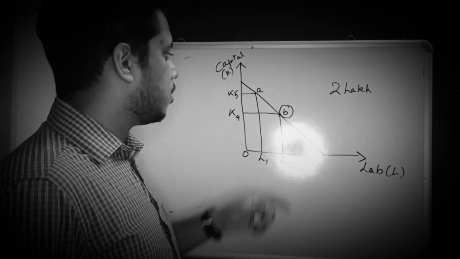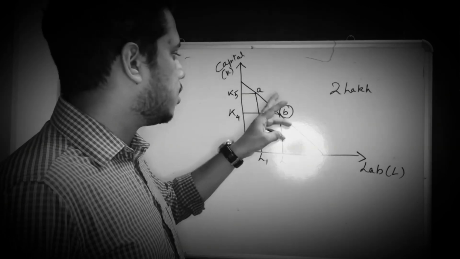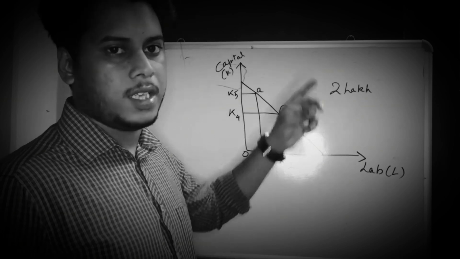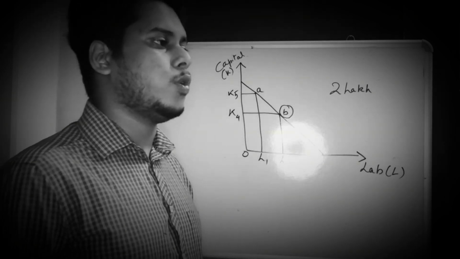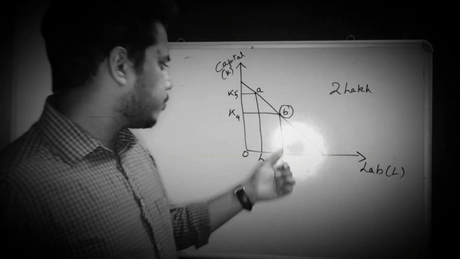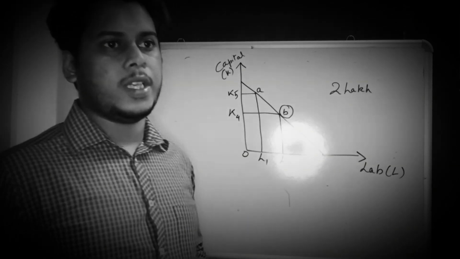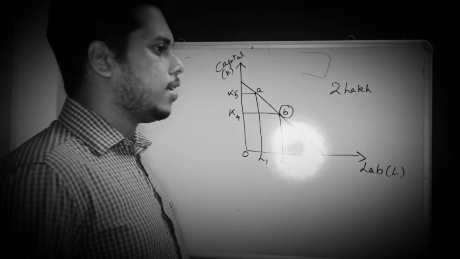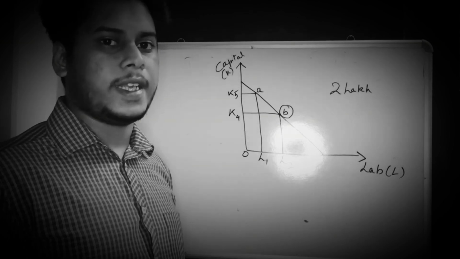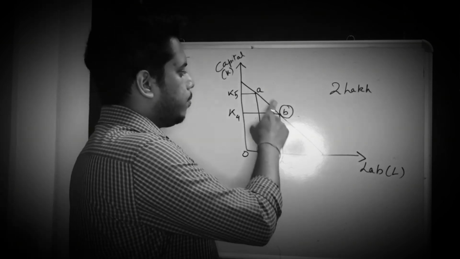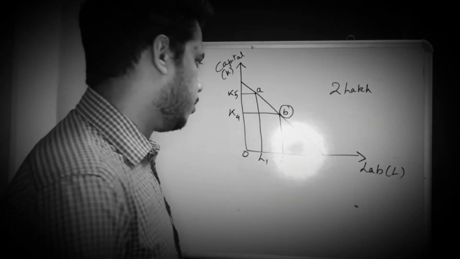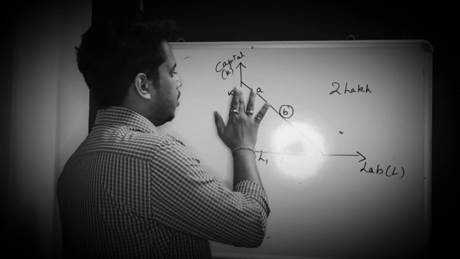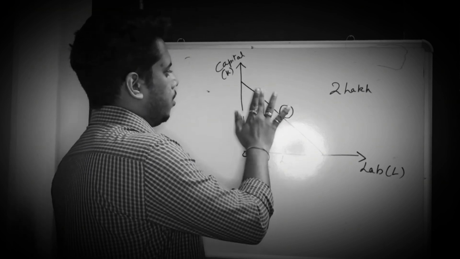So according to the definition, if the producer chooses this combination B, he will end up exhausting his entire budget, that is 2 lakh rupees. He won't be left with any surplus money. So the entire cost outlay will get exhausted if you choose any point on this curve as a producer. However, you can see that the concept is similar to that of a budget line.